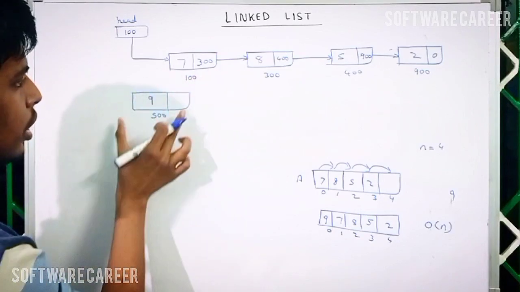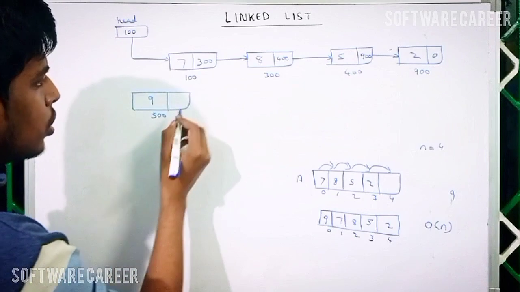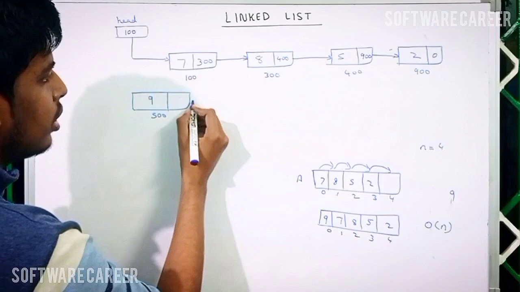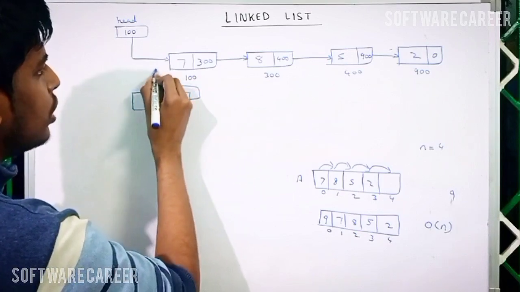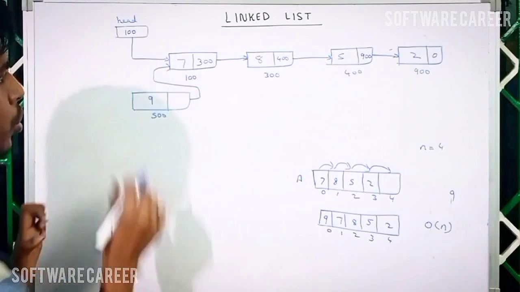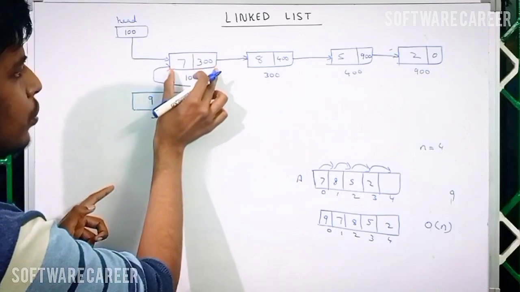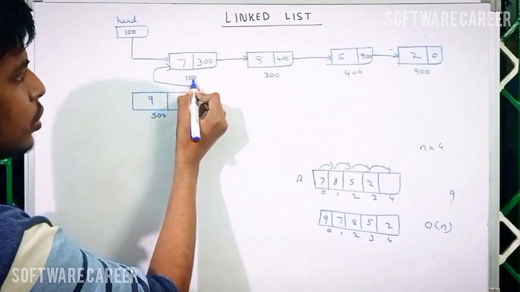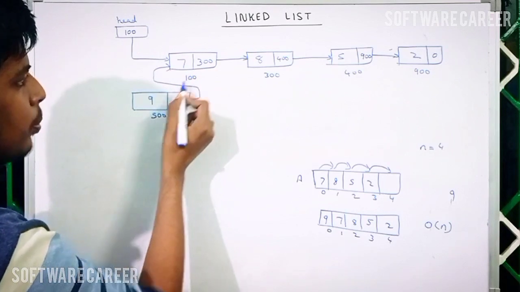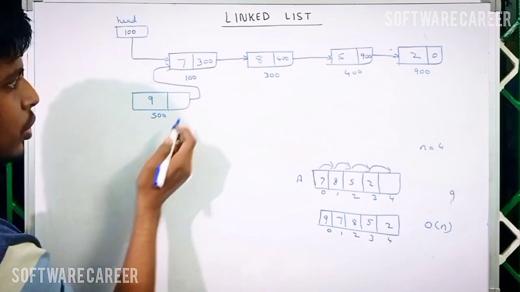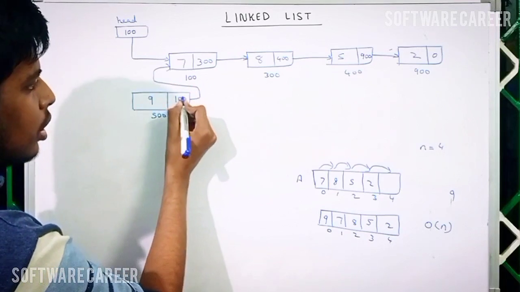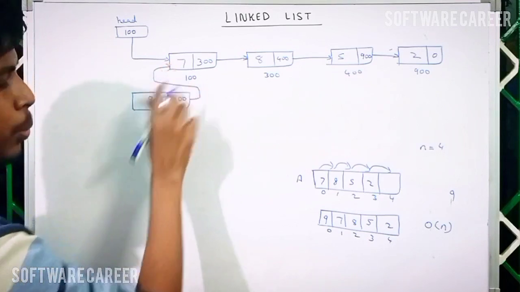Previously this was the first node; now I should make this the first node, and the previous one should be the second node. So I should store the address of this node into the pointer of the new node. The address of the previous first node is 100. 100 should be stored in the pointer part of the new node. So 100 is stored here, and this pointer will point there.